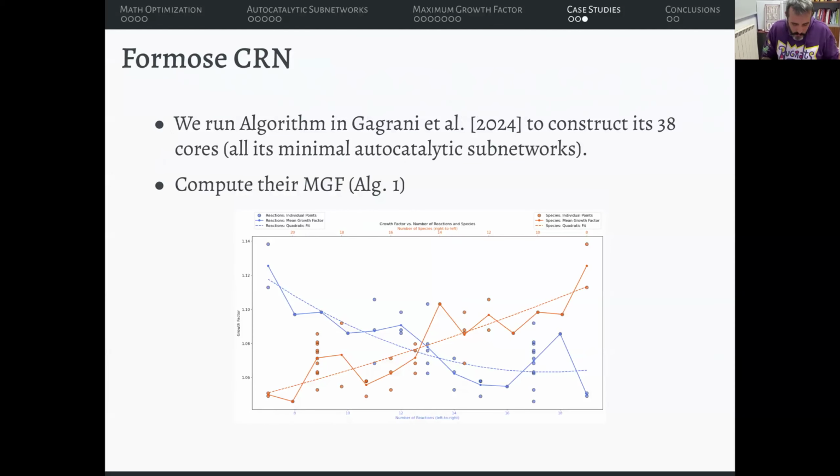In the first approach that we analyzed 1 year ago, the goal was to enumerate the minimal autocatalytic subnetworks by means of the number of reactions involved in the subnetwork. In this case, the approach is different, but we wanted to analyze the relation between the number of reactions involved in that subnetwork and the maximum growth factor.